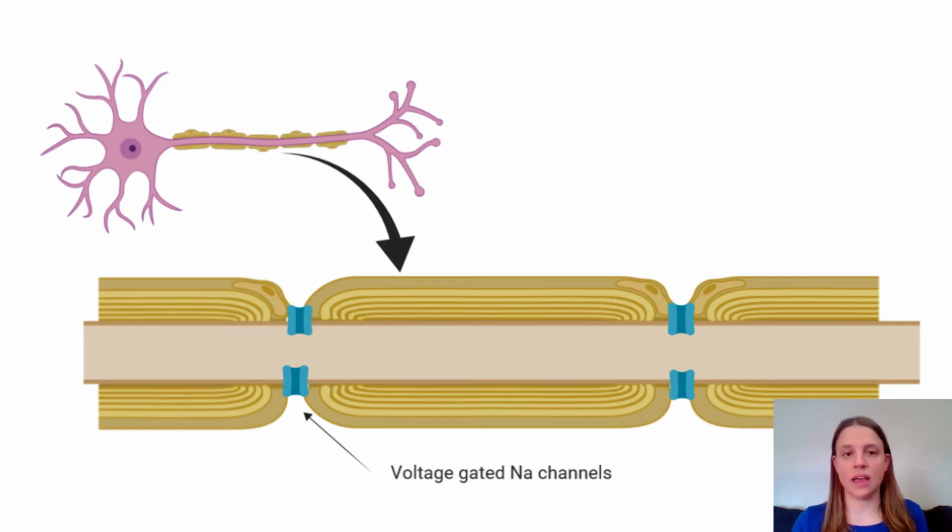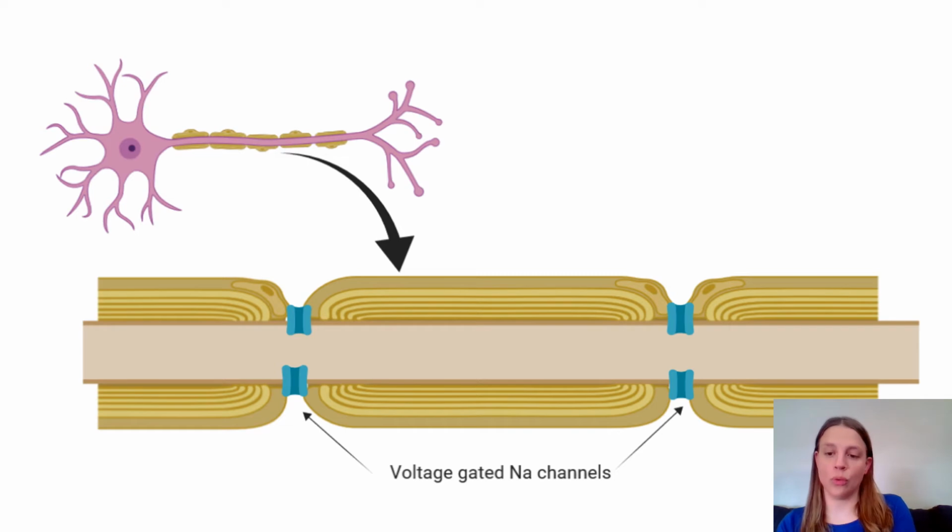Voltage-gated means that a change in the charge of the membrane will cause the channels to open. So when an action potential occurs in one part of the cell and the membrane potential in that part of the cell becomes more positive, it causes the sodium channels to open next door.